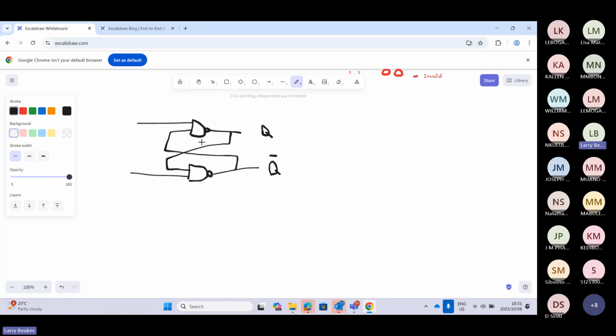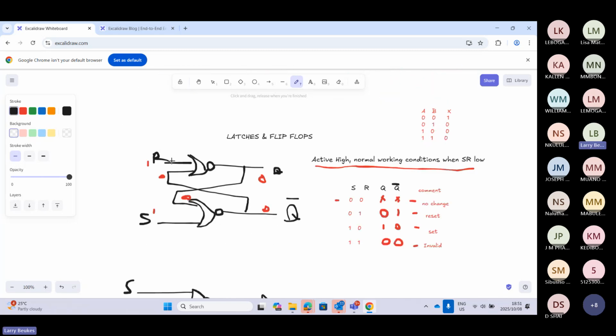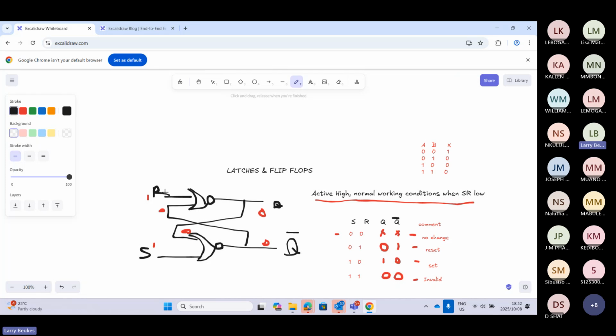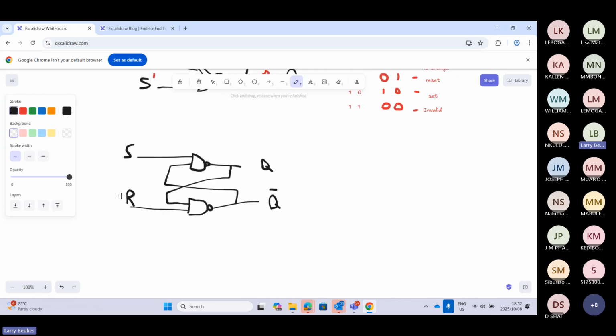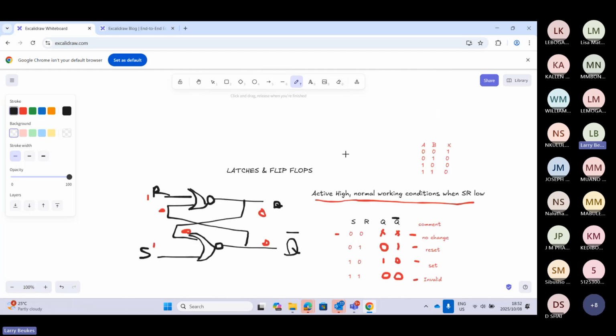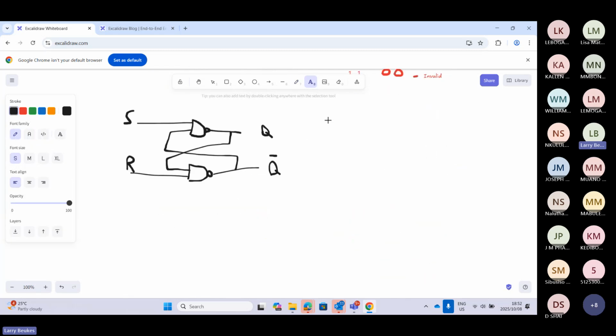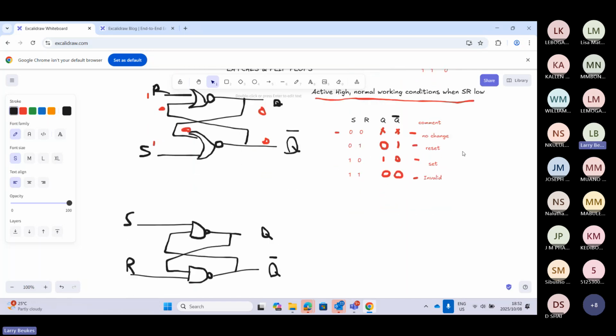This is S, and then this is R. But with the active high one, this was R and S. The top one was R, the bottom one was S. So this is S and R. So we're going to call it an active low.